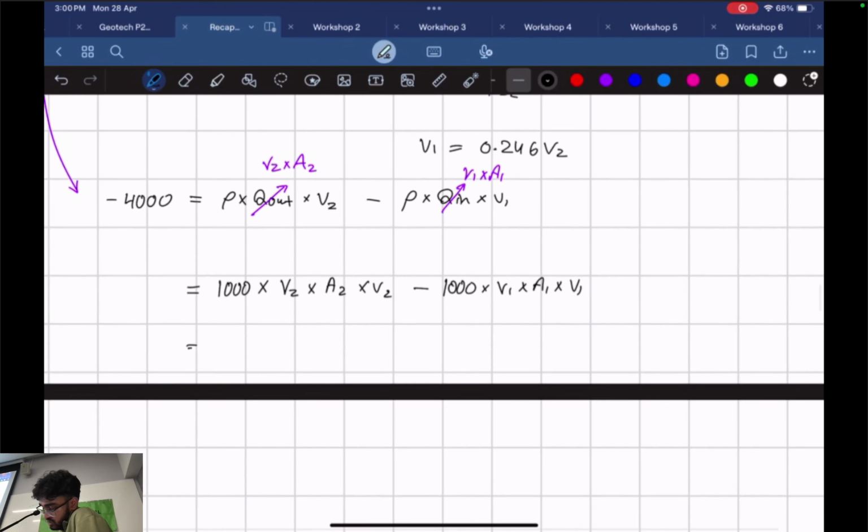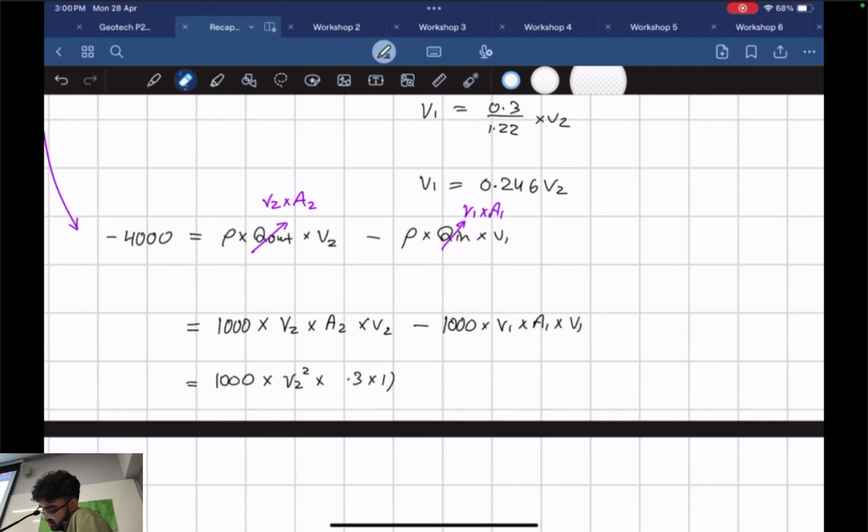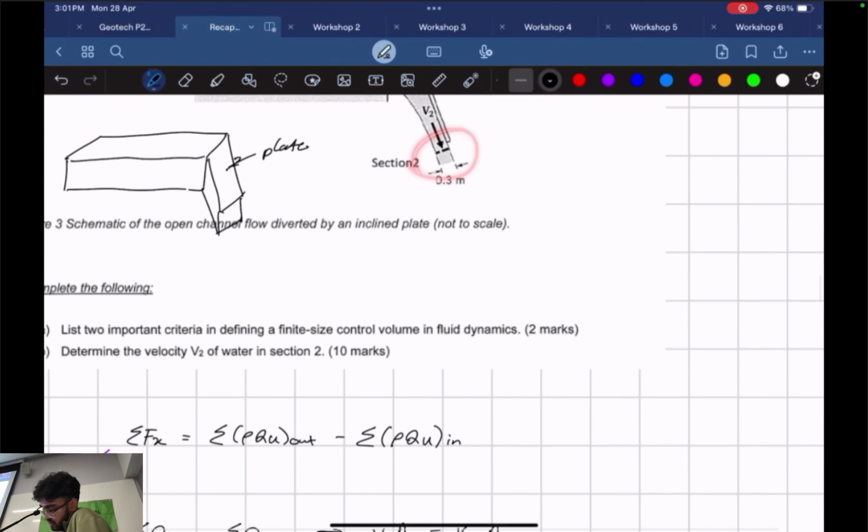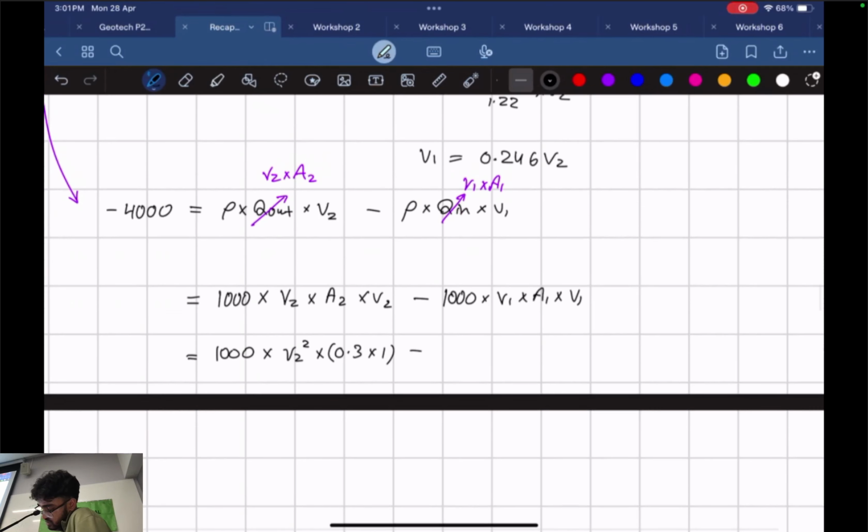So 1000 times V2 squared times A2, which is just 0.3 times 1, and then minus 1000 times V1 squared times 1.22 times 1.